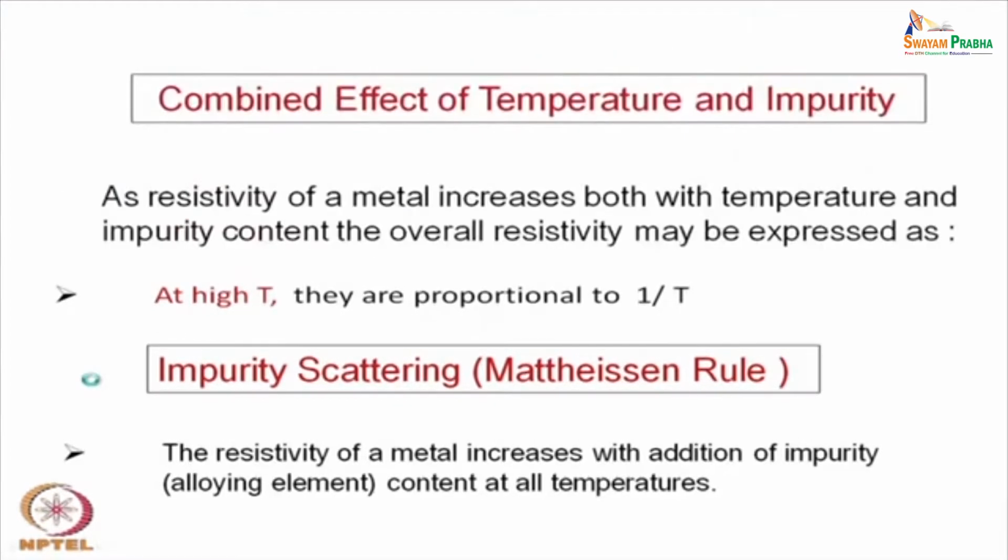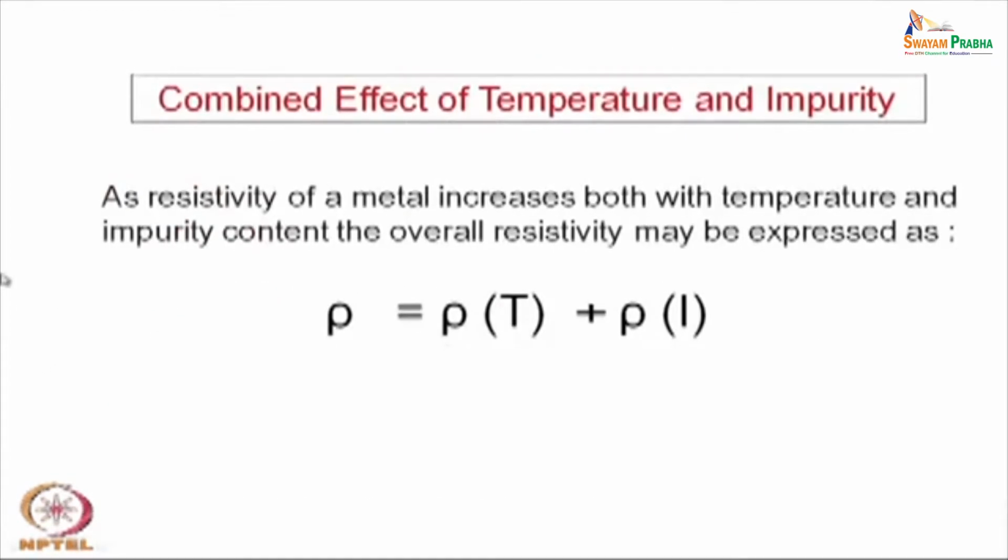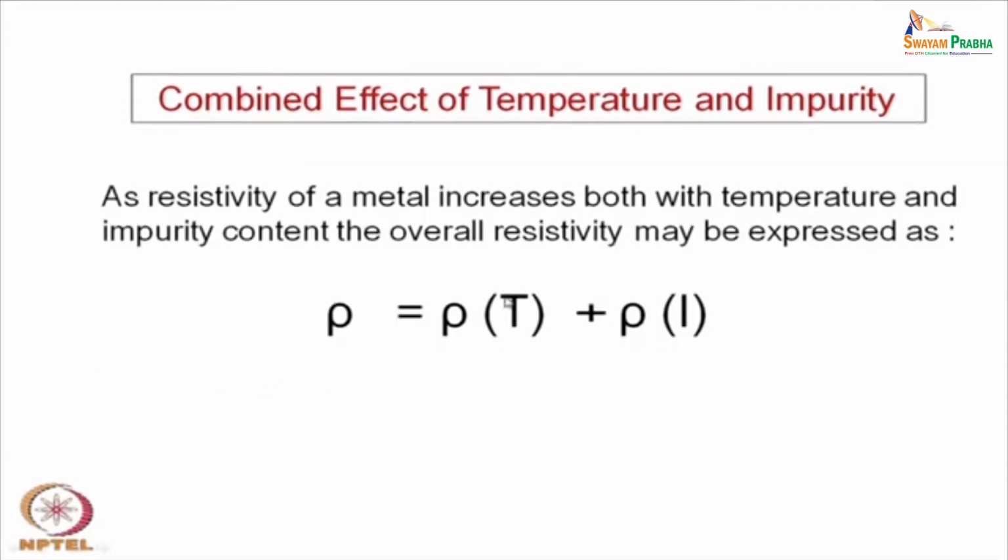So, the combined effect is in terms of resistivity now. Resistivity is rho T, which is a function of temperature, and also resistivity is a function of impurity concentration. So, both of them more or less are independent of each other. The temperature has its own effect, whereas the impurity has its own effect, and finally, there is a combined effect of both of them.